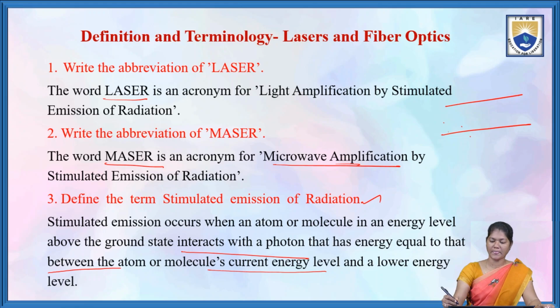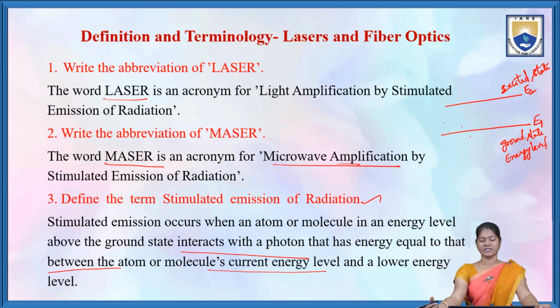Suppose E1 is the lower energy level. So, E1 is the ground state energy level. E2 is the excited state energy level.